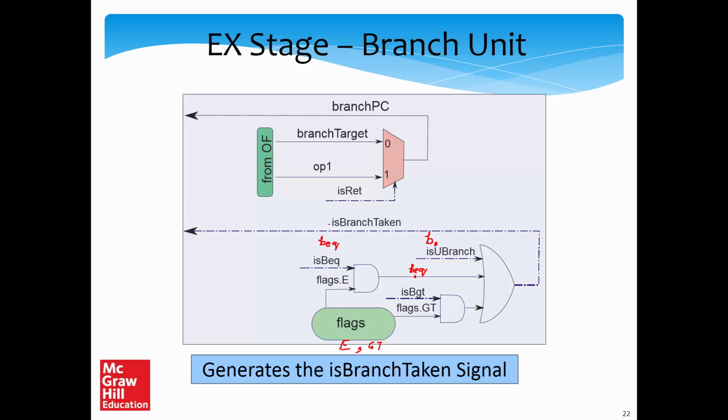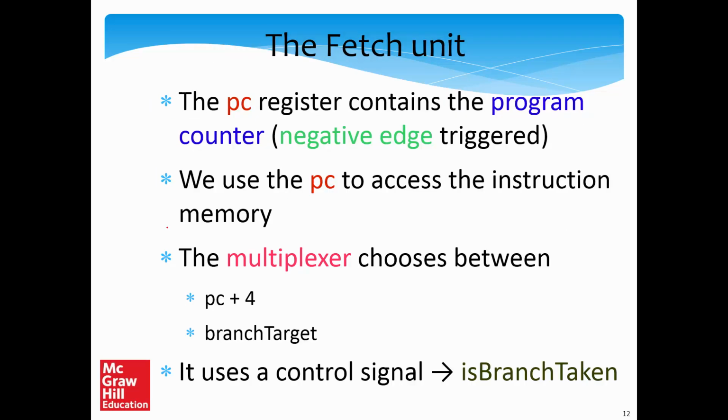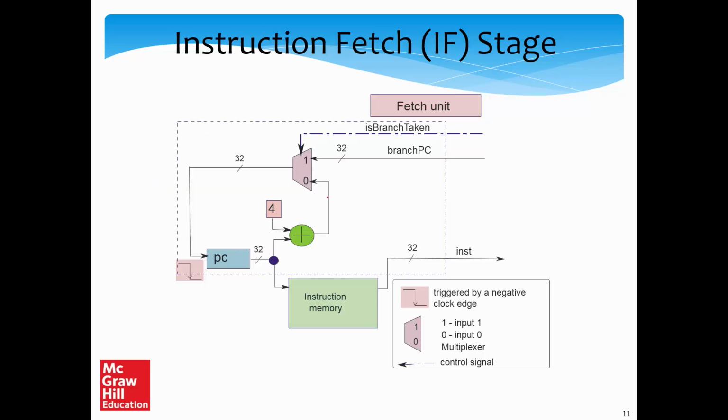Mind you, this control signal is branch taken, which is going to the IF stage. Let me go back to the IF stage and show you where exactly it was being used. In the IF stage, this branch taken signal, which is coming from the EX stage, is being used to set the value of this multiplexer. So either we choose PC plus 4 or we choose the branch PC.